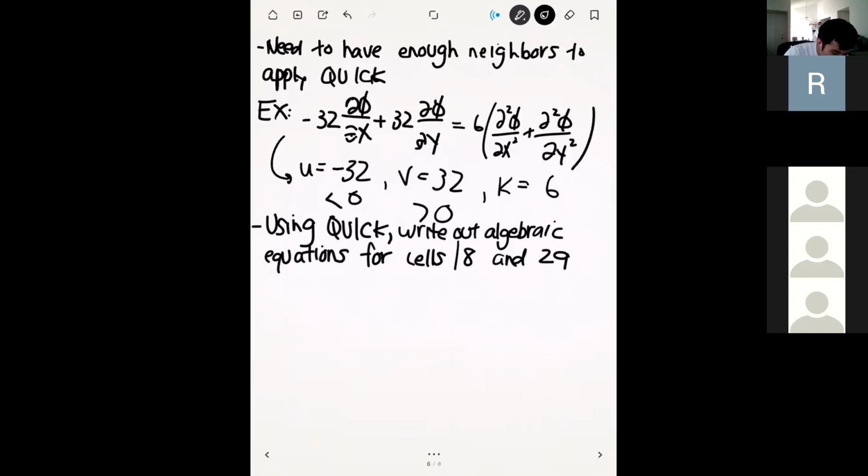I'll do cell 8 for you, and then I'll let you handle cell 29.